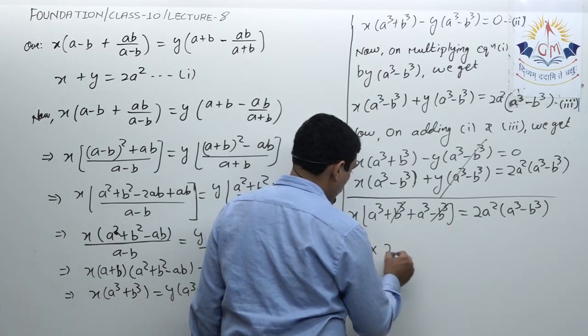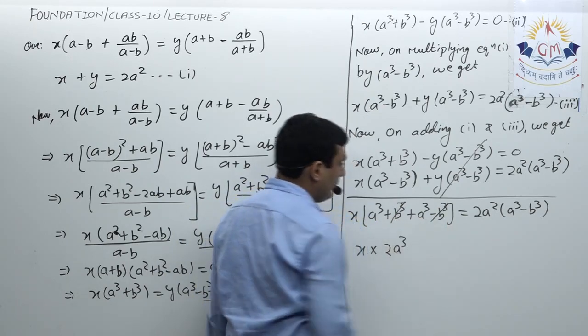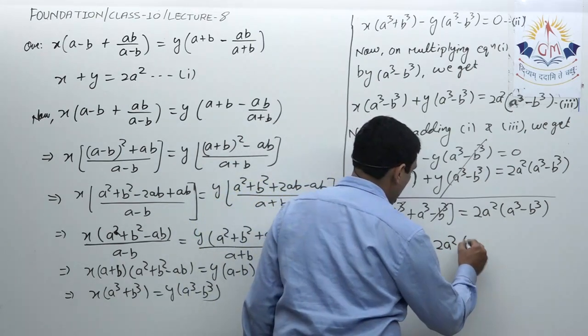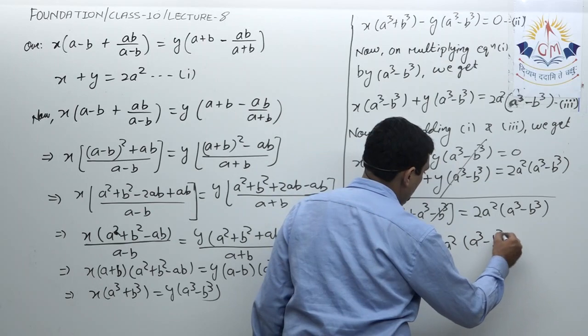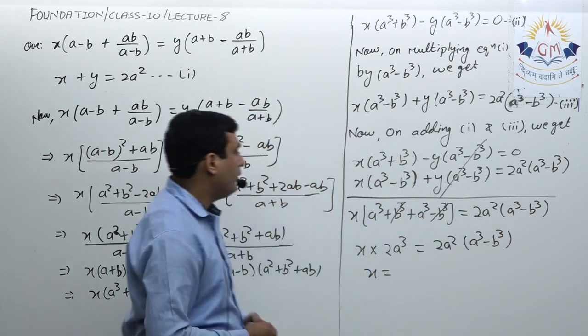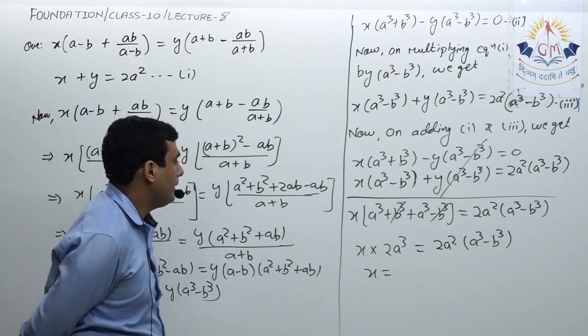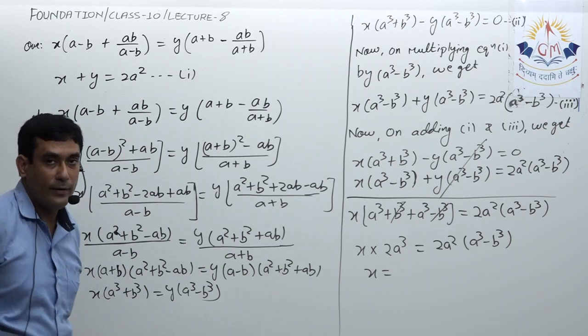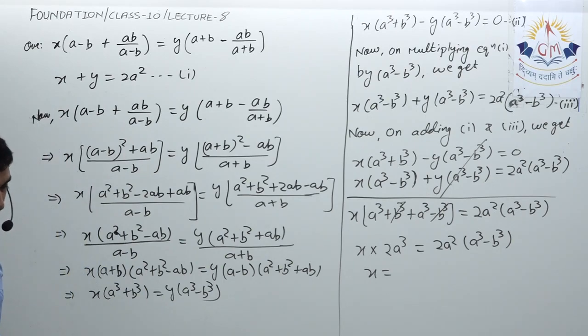X into 2a³ is equal to 2a²(a³ − b³). So x should be, find the final value of x, it should be (a³ − b³) upon a. That should be the value of x. Try to get that value.